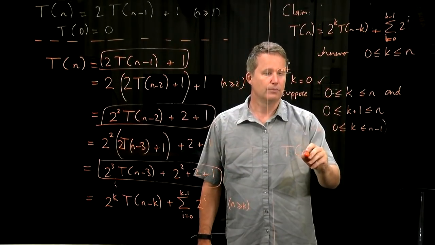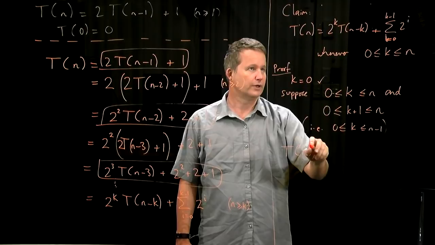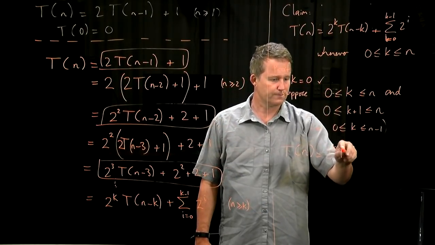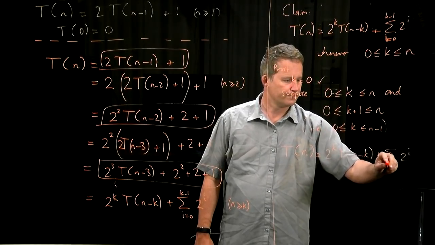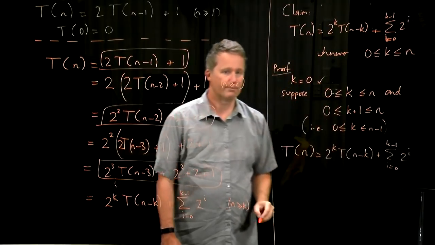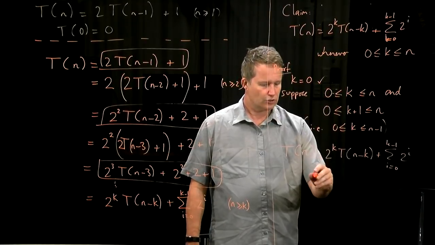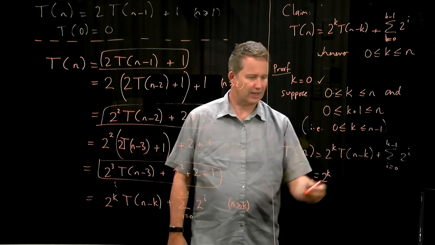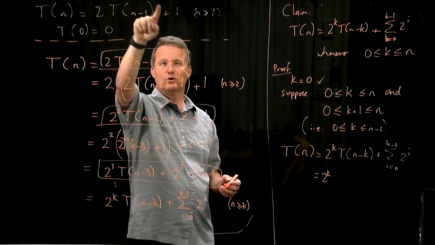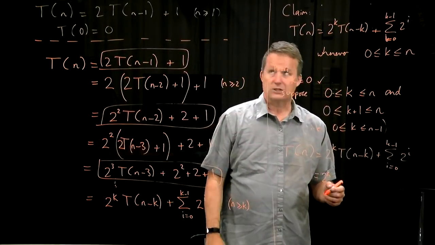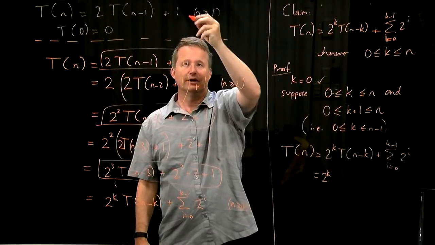So suppose that this is true. Then by inductive hypothesis, we can assume that we have this formula as we have up there. And all we do is just do it one more time, just as we did over here. So it's 2 to the k times t at some value. T at some value is by definition 2 times t at a value 1 smaller plus 1, as long as we have the correct value here.